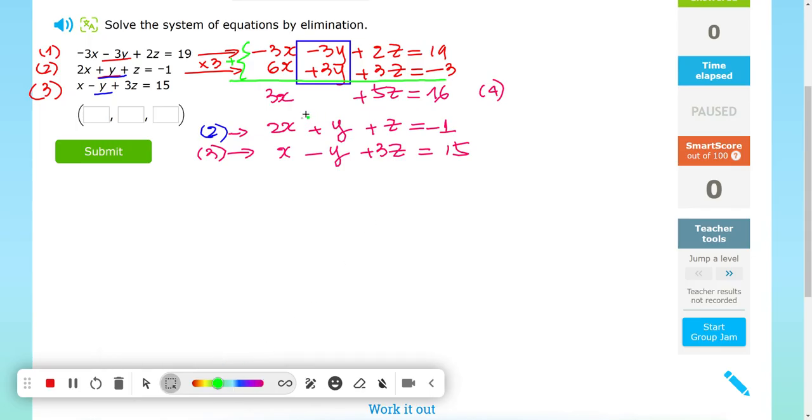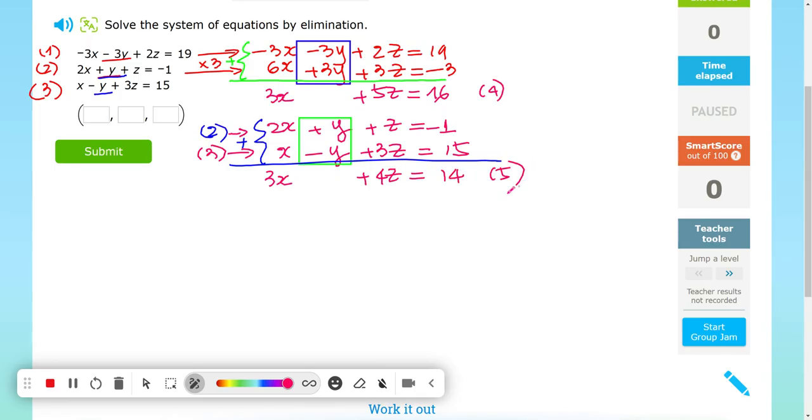The y terms are opposite, so if I add these two equations, the y term is eliminated. Let's add them together. I come out with 3x, no y, plus 4z equals 14. And I call this equation number 5.